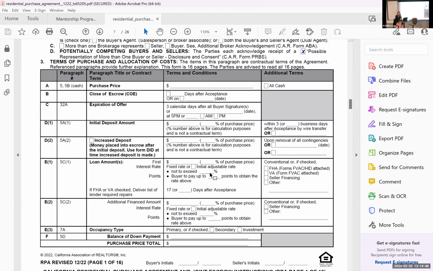So my buyers will often call me scared. They're like, no, my mortgage broker told me my interest rate's going to be this. And I say, no, I totally understand that. This has nothing to do with that. I'm capping it off at something reasonable to give you the extra added cancellation privilege of canceling even if you can get a loan, but not at a rate at this percentage or lower. So you do not want to leave this blank.